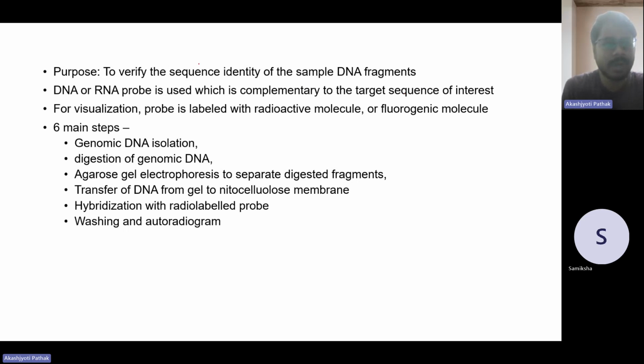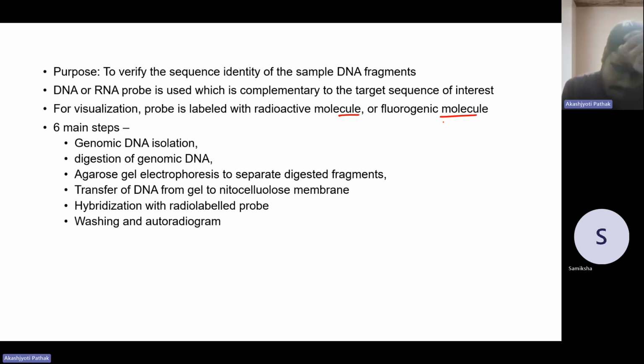For identifying the sequence, you can use Southern blotting, and the DNA or RNA probe which is used is complementary to the target sequence of interest. And for visualization, the probe is labeled with a radioactive molecule or fluorogenic molecule.